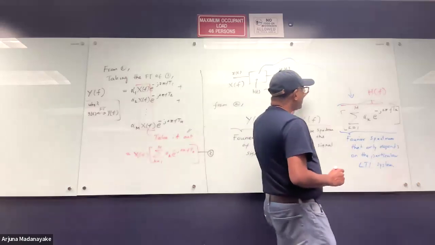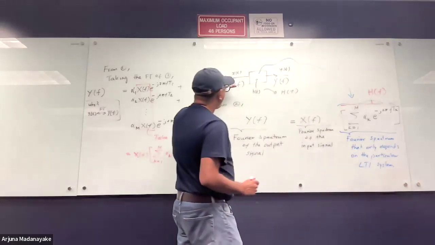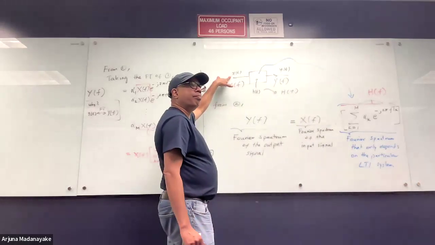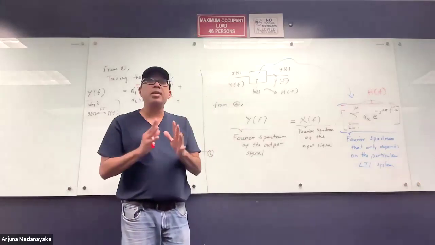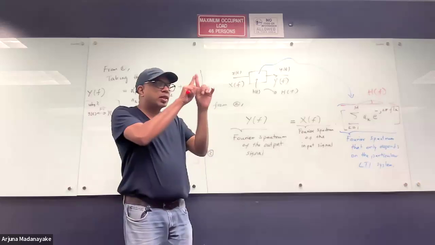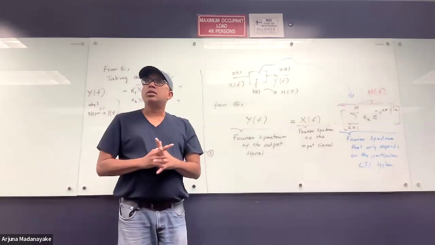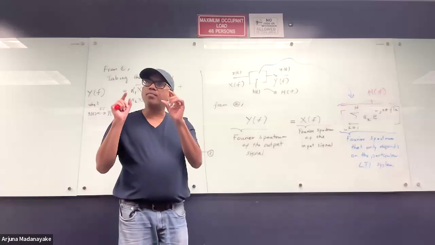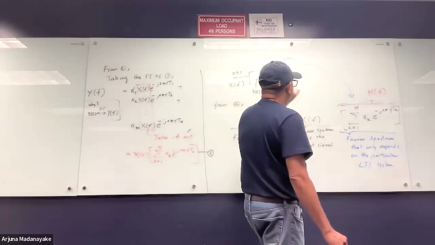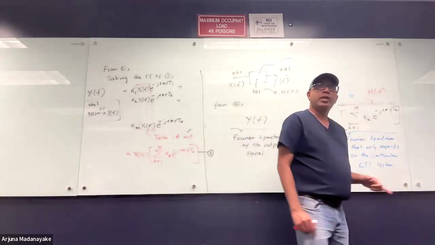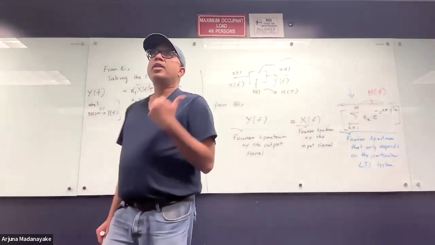So you can show very easily that if you take the input x of t and set the input to be delta t, the unit impulse function, it produces a bunch of scaled and delayed outputs. Each of them are impulses. So if you work the math, you will find that h of f is actually the Fourier transform of the impulse response.